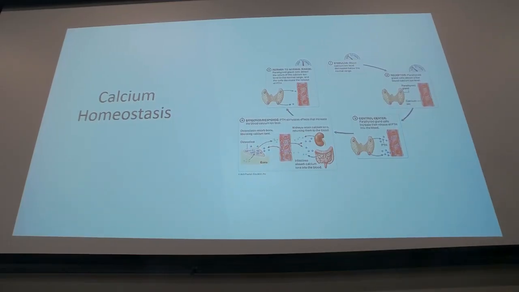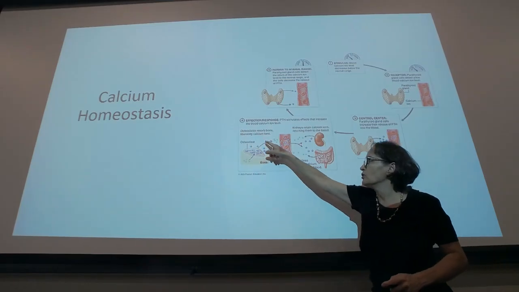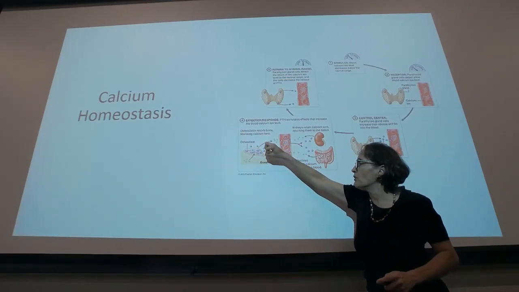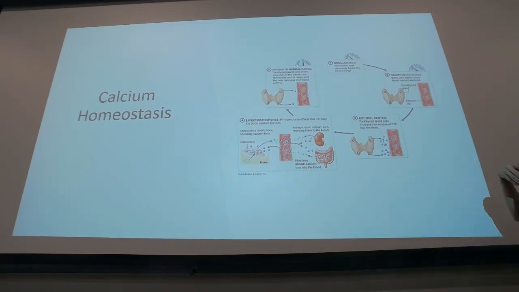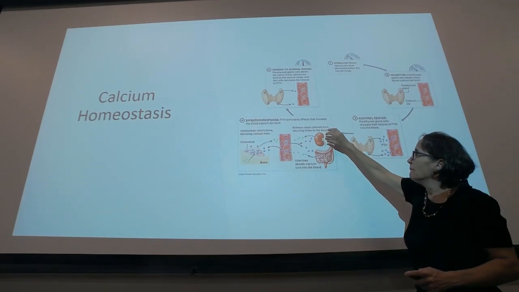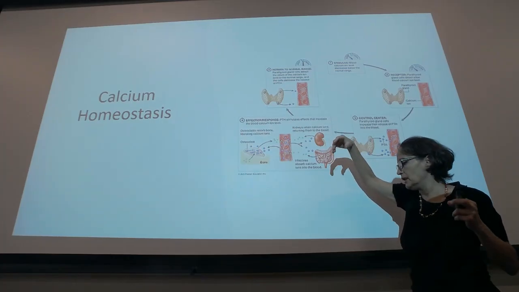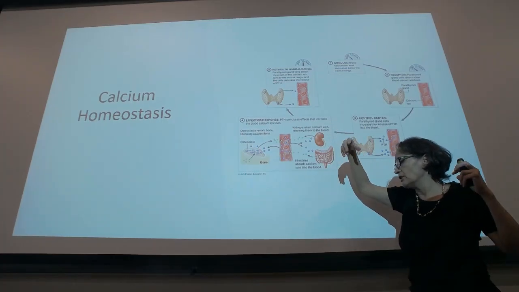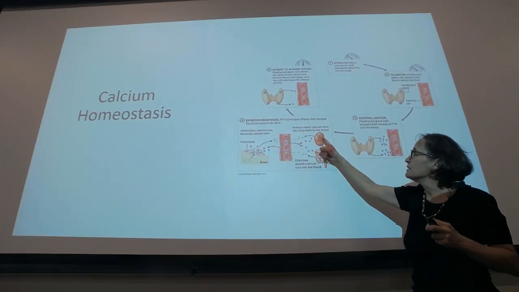And this PTH will make your bones release calcium. So this is your bone, your osteoclasts start chewing up the bone, then calcium goes into your bloodstream, and then hopefully you have vitamin D available, either because you take supplements or you expose yourself to the sunlight.